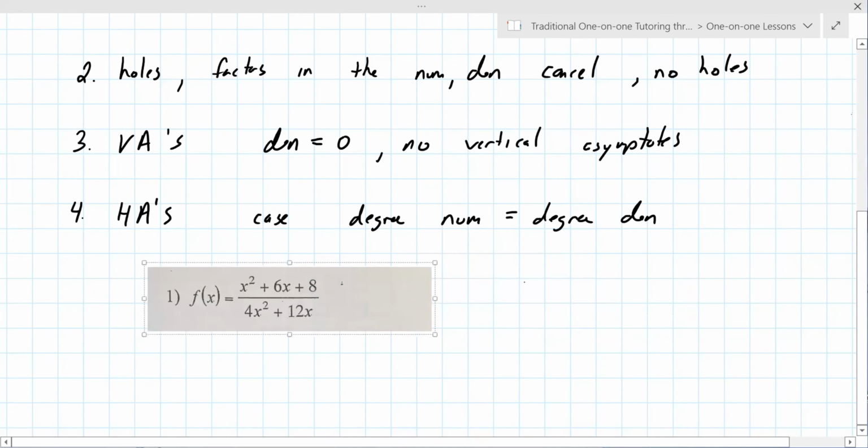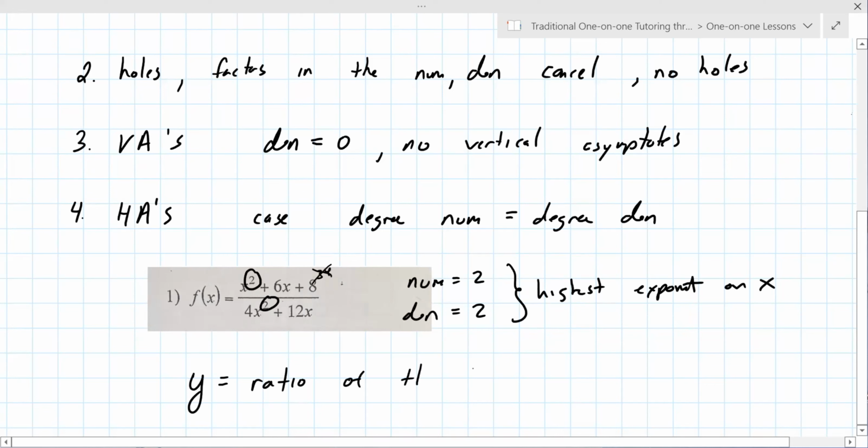Occasionally you'll see an instructor throw in something like 8 to the 34 power, but you ignore that because it's only on the x that you care about. So in this case, it's the ratio of the leading coefficients. So that's 1 over 4, a 1 in front of x squared, a 4 in front of x squared.